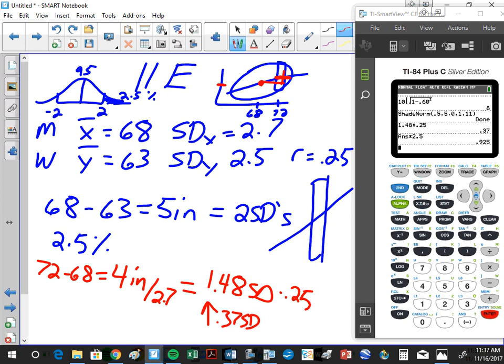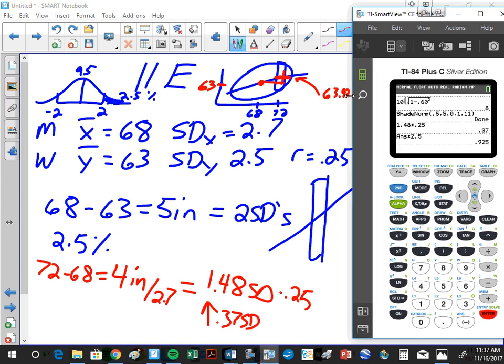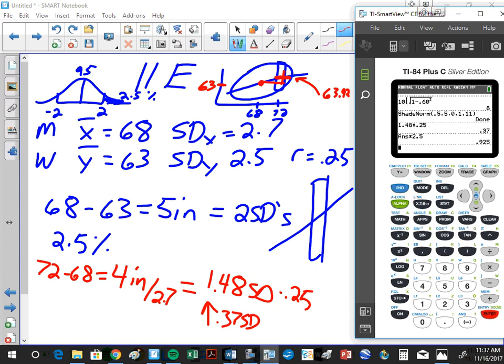And my original Y bar was 63. So my new Y bar is 63.925. Okay. So this point right here is 72, 63.925.